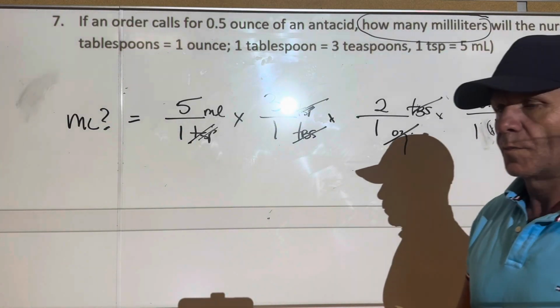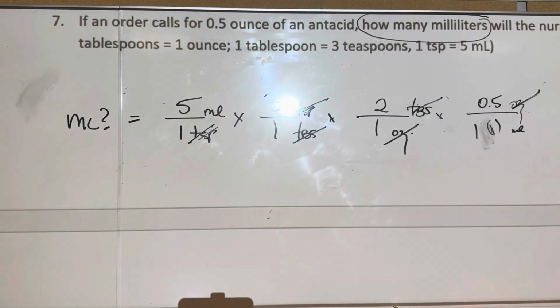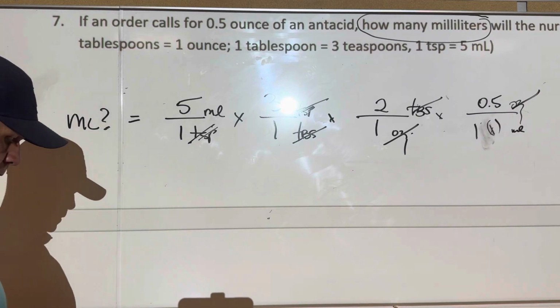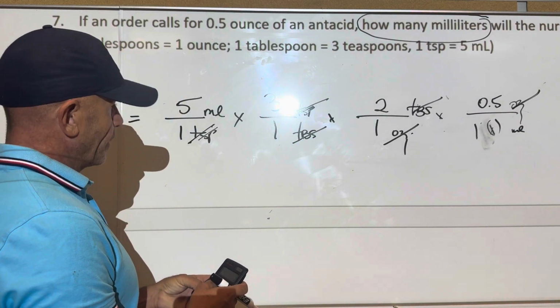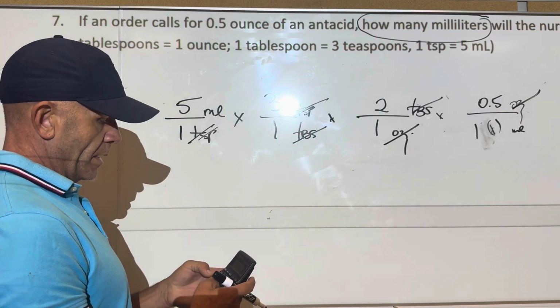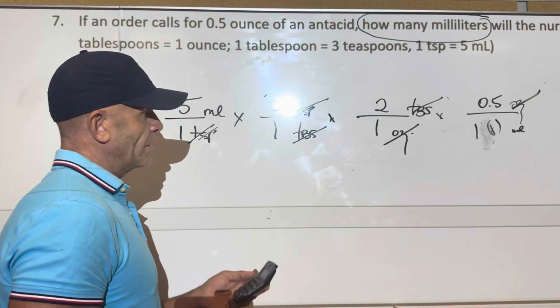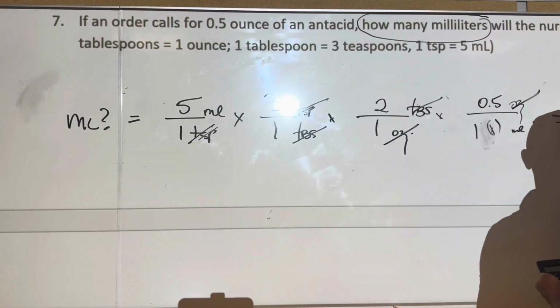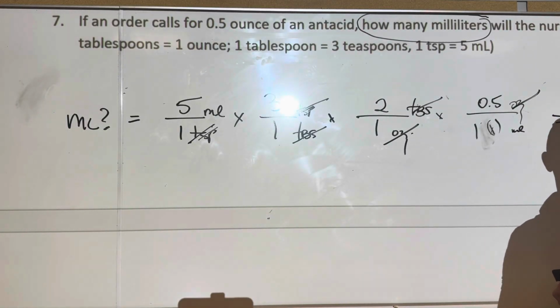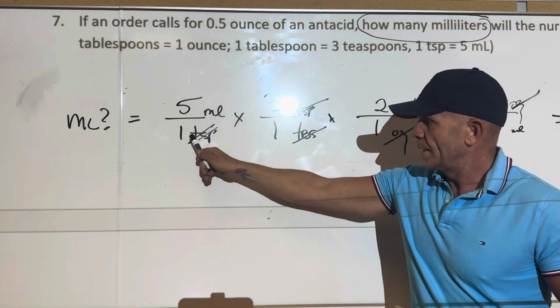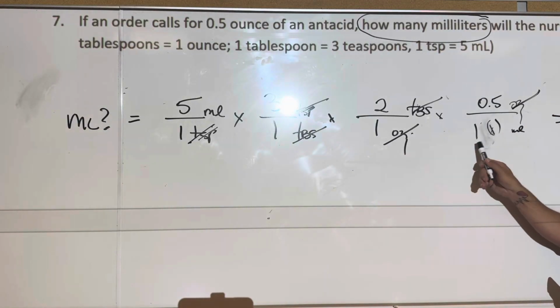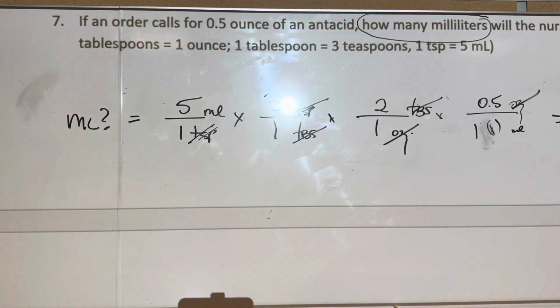So, again, we're going to multiply now. 5 times 3 times 2 times 0.5 equals 15, right? Good. 1 times 1 times 1 times 1 is 1. What does that give you? 15, because 15 over 1 makes it a whole 15.